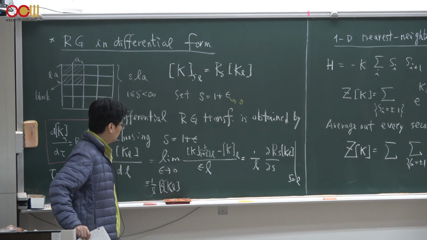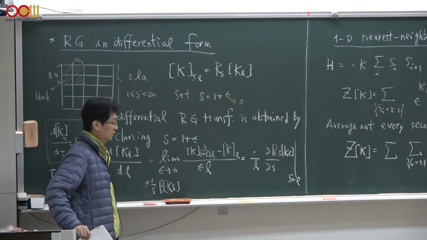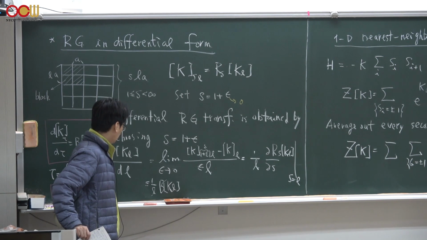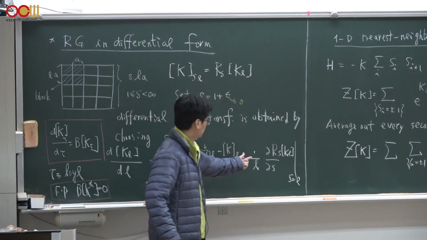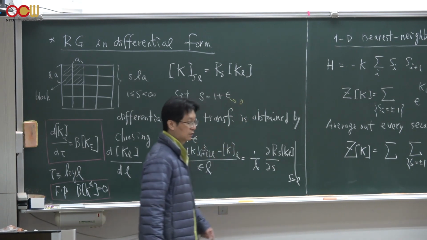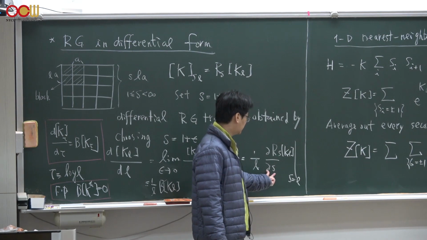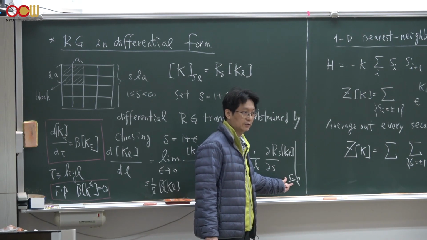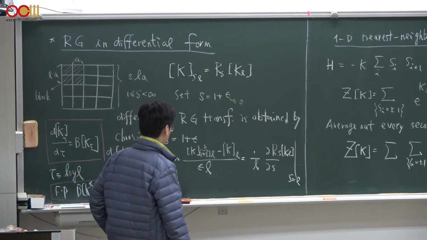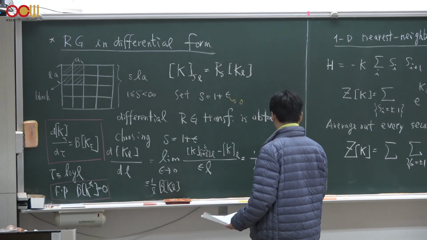Then you could define that kind of differentiation as a function which is related to the derivative of this transformation matrix element with respect to this S, when S is evaluated at 1.